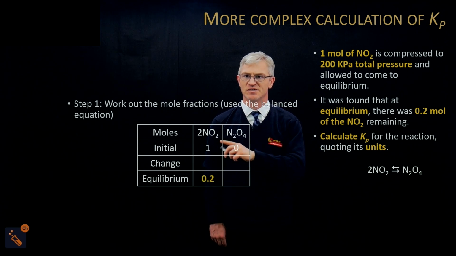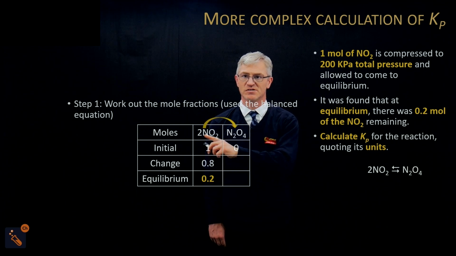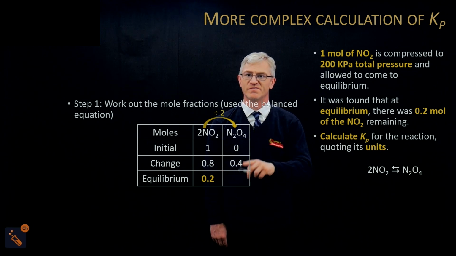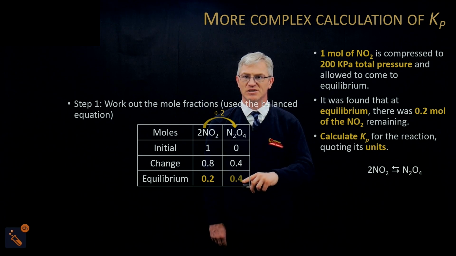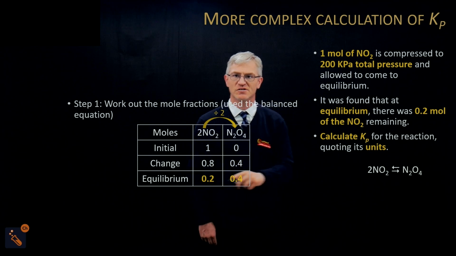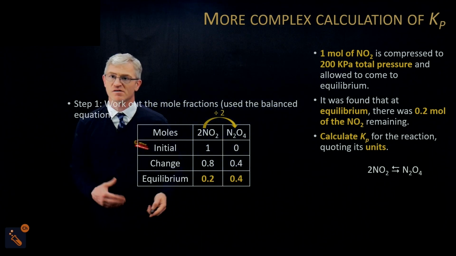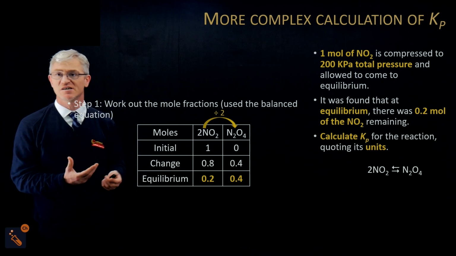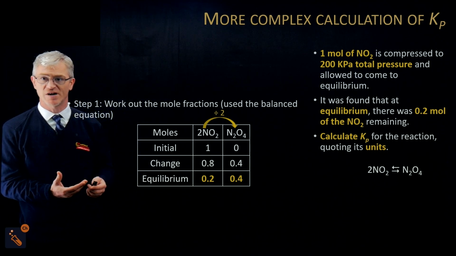The difference between this is the change, which is 0.8. Now the ratio is 2 to 1. So if we take that 0.8 and we divide it by 2, we get 0.4 that we've produced of our product. Now, that is also the equilibrium amount. So we have got 2, essentially, amounts of moles here. Now we need to turn that into the mole fraction.